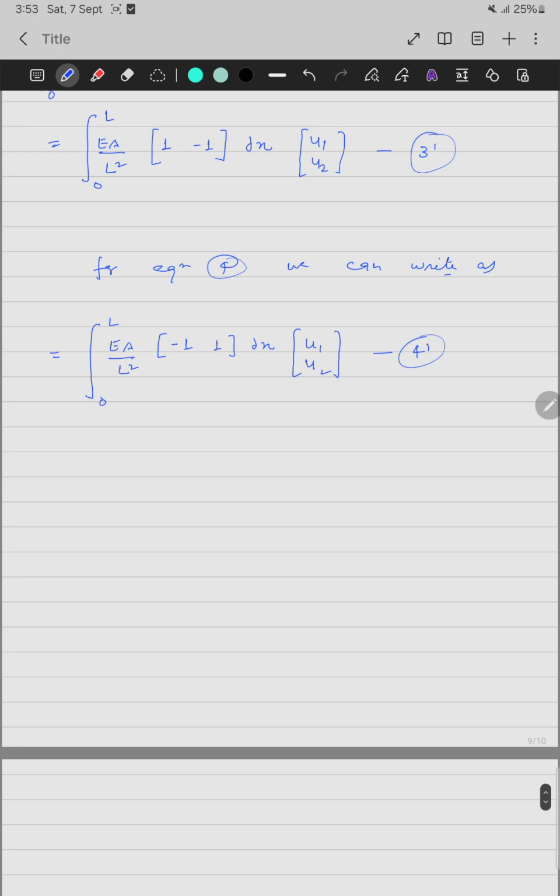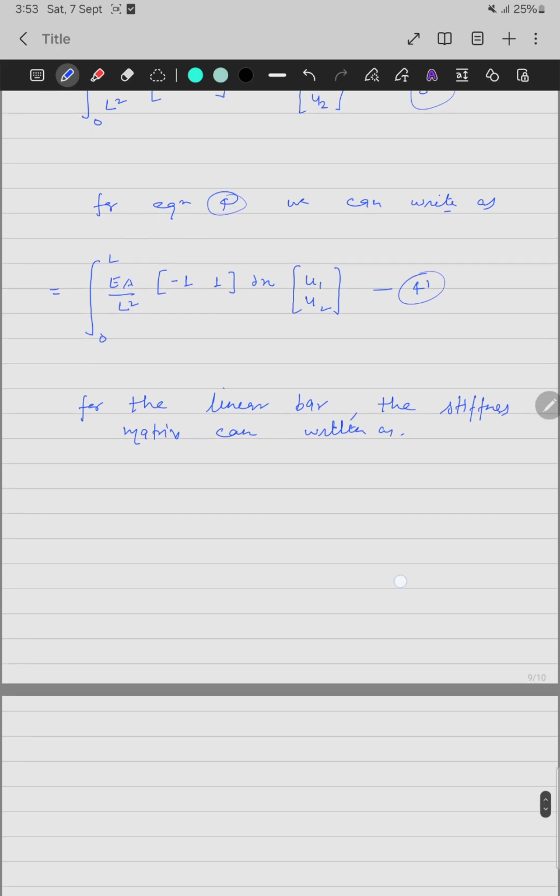So what other things we can write? So for the whole complete linear bar, the stiffness matrix can be written as, what we can do, we can combine these 3 and 4 equations.